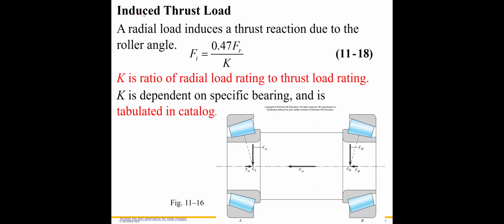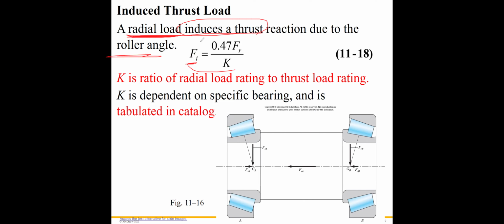Now, induced thrust load. A radial load induces a thrust reaction due to the roller angle. So there's the induced thrust, Fi, and this induced thrust comes from a radial load with the roller angle.